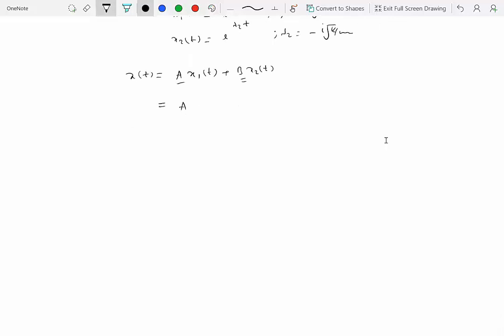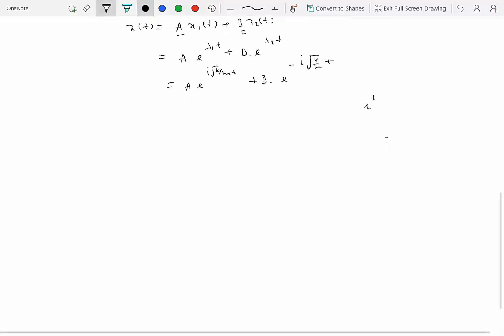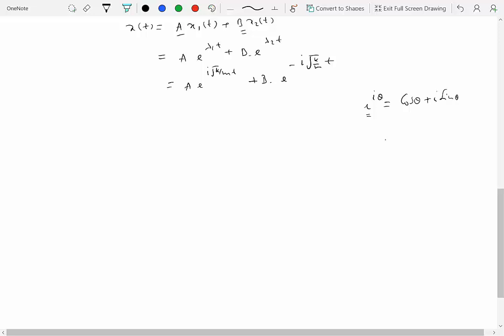So let's write x equals a times e to the power lambda 1 t plus b times e to the power lambda 2 t, and this is a times e to the power i square root of k over m t plus b times e to the power minus i square root of k over m t. Okay, we also know that e to the power i theta is equal to cosine theta plus i sine theta, right? So e to the power i theta is the exponential form of a complex number, and that's equal to a complex number given by this.